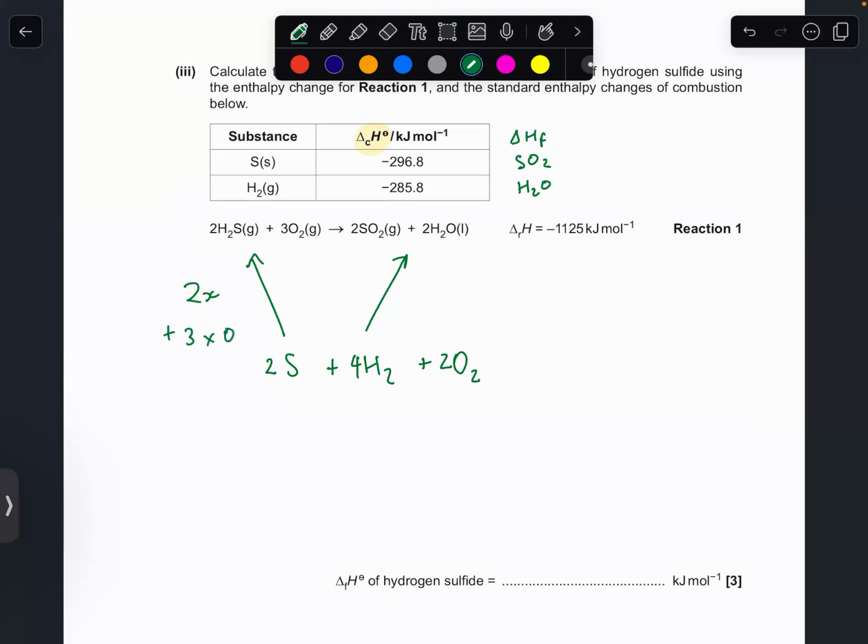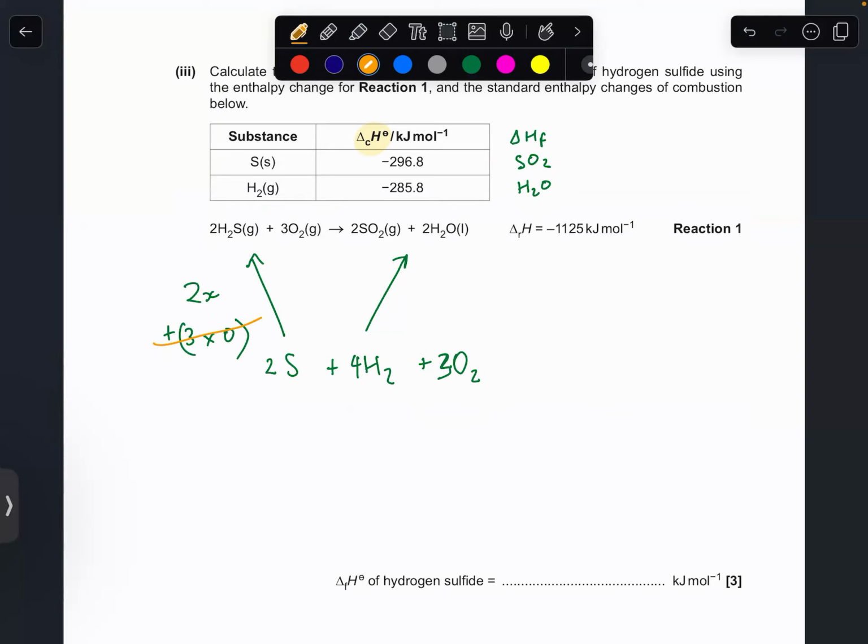Why have I included that? Because the energy change from O2 to O2, there's no change in energy there. So that's 0. We can even disregard that.